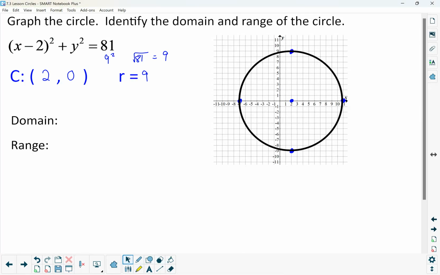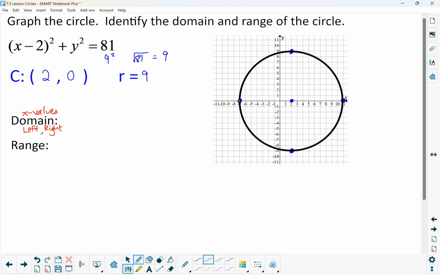We are now going to do the domain and range of this circle. Domain, remember, is the x values, and we think of the domain from the left to the right.